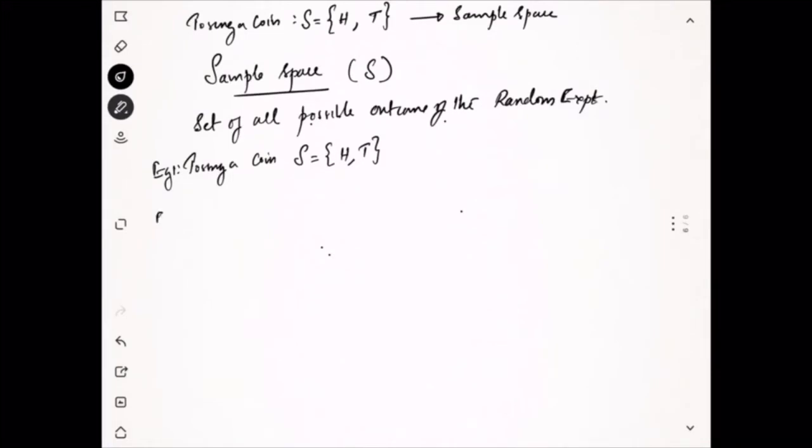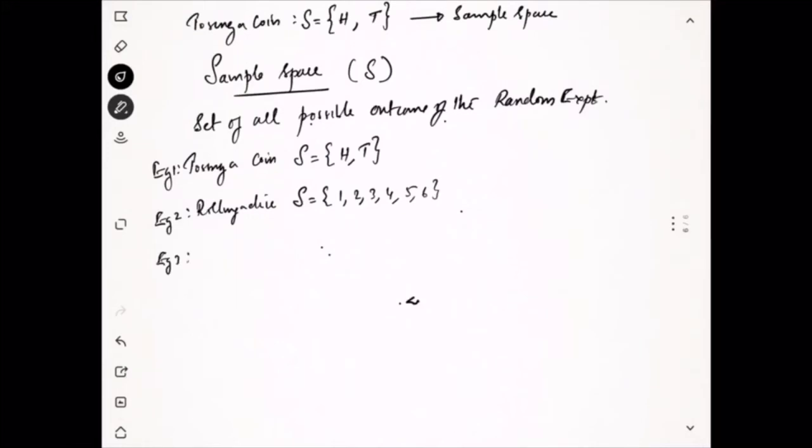In the second case, suppose you are rolling a die, you may get the sample space 1, 2, 3, 4, 5, 6, any of the 6 faces you may possibly get.